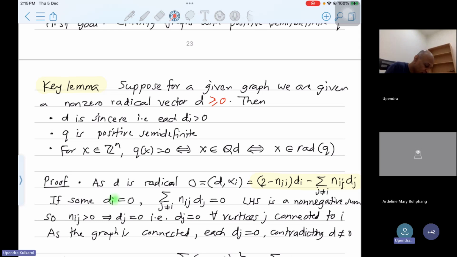So if d sub i was 0, then all its neighboring vertices must also have entries 0. Then all their neighbors must have entries 0, and I will just go to everything in the graph. So this means that every slot must be 0, but I was given a non-zero vector. Okay, so this is the first thing.